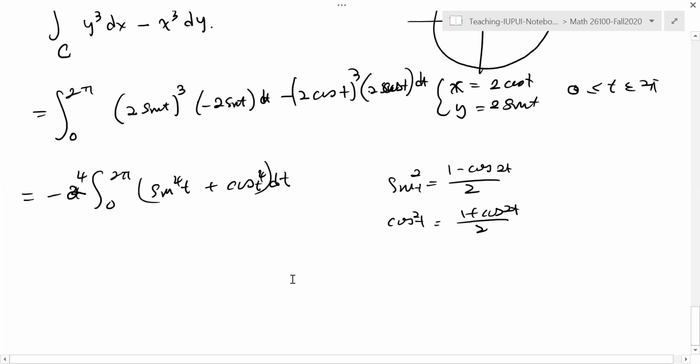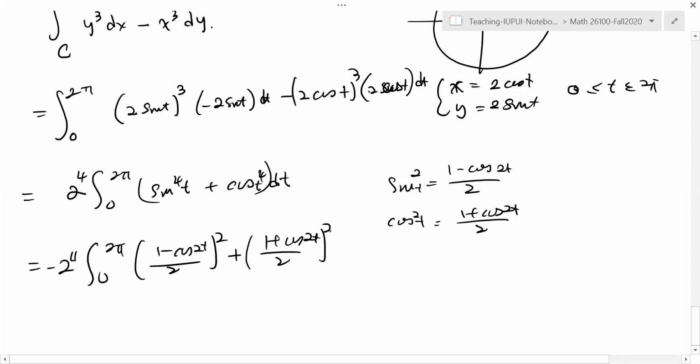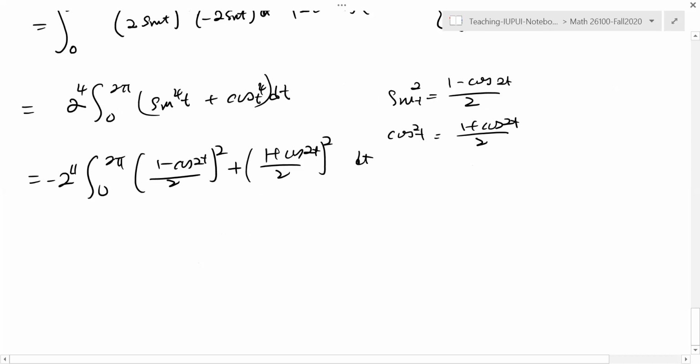So it's not too bad when you square it. You square and square, right? Then you get sine to the 4th power t, with the 2 in the denominator taken out, so it'll be 2 squared here.